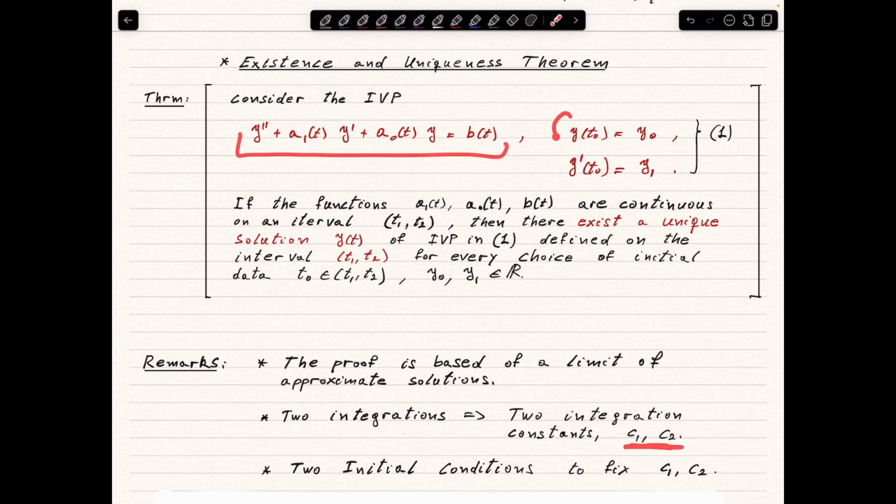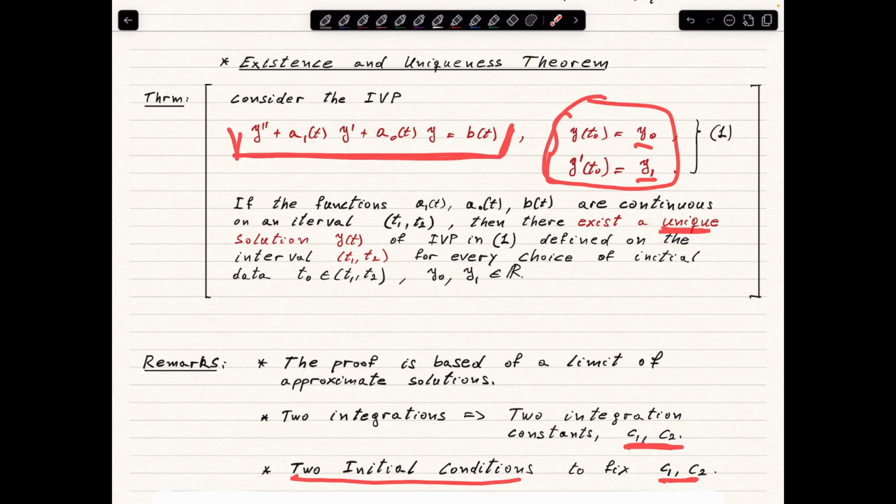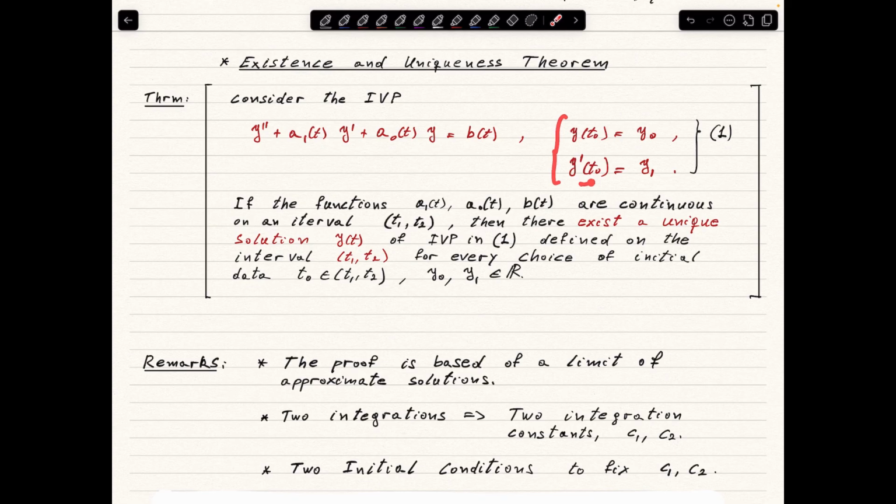That's why we put two initial conditions, and with the two initial conditions we are able to fix the two arbitrary constants, and then we obtain a unique solution. The uniqueness is because these two conditions select, from all the infinitely many solutions of the equation, only one.